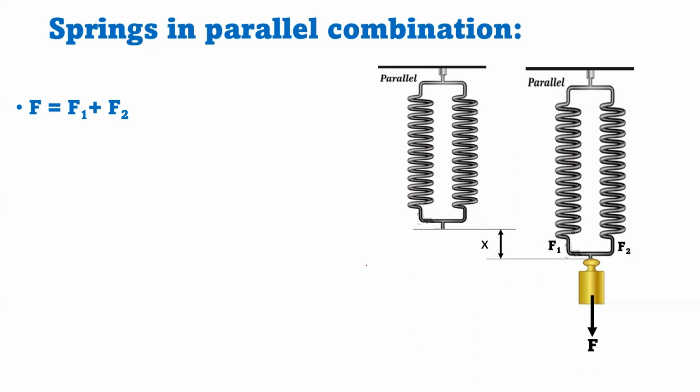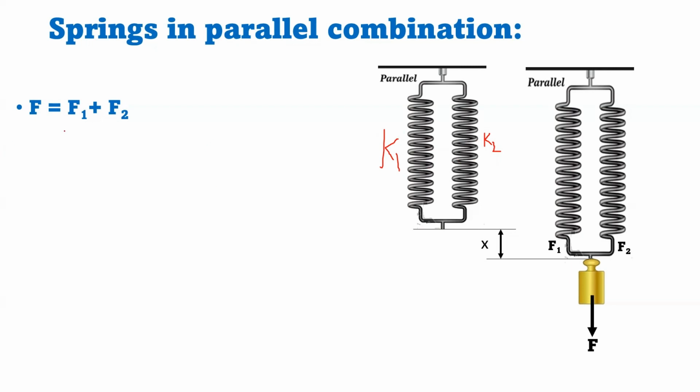Suppose the spring constant of spring 1 is K1, and of spring 2 is K2. Then F1 equals minus K1 into X, because the elongation in both the springs is the same, and F2 equals minus K2 into X. F is the resultant force.